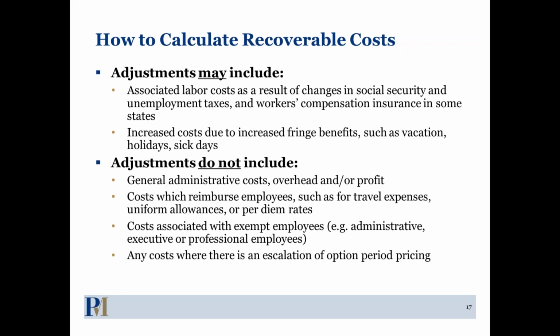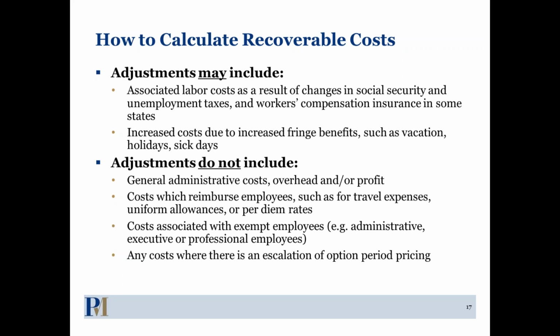If you have anything associated with exempt employees, you remember those FLSA administrative, executive, professional exemptions? Well, exempt employees aren't service employees. So it's natural that the price adjustments clause won't apply to them because they're exempt.